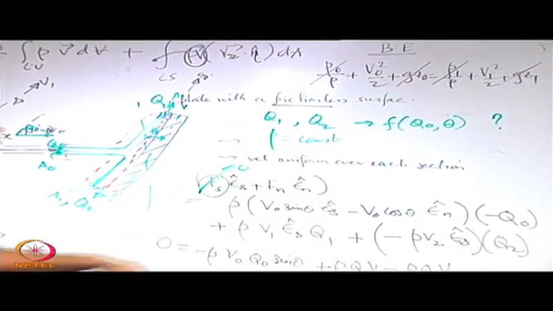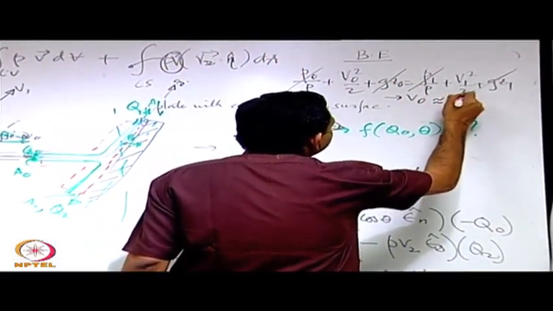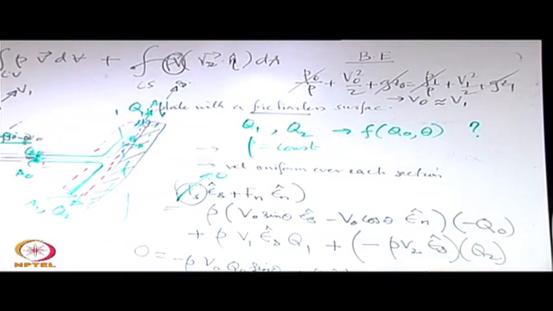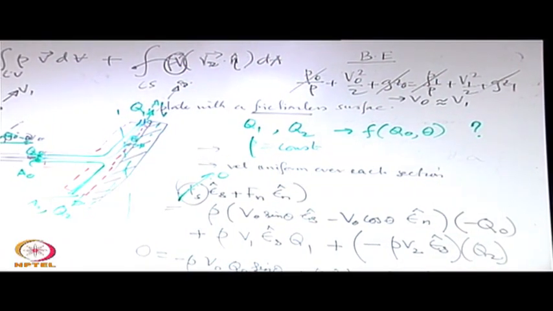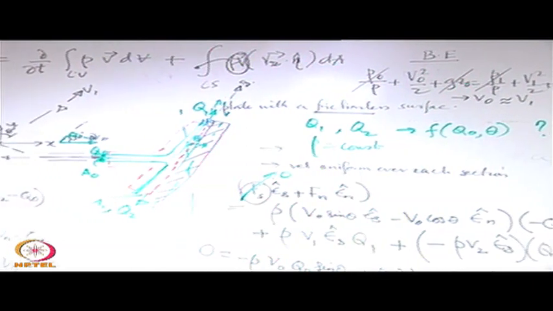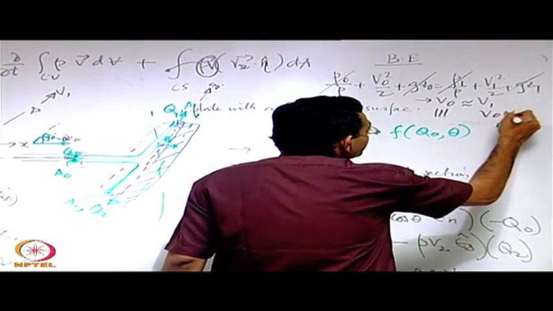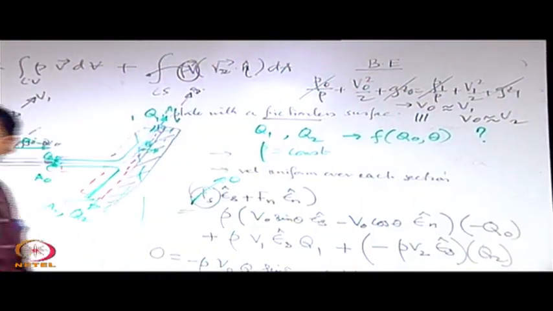So from this we can conclude that at least in an approximate sense V0 is same as V1, and with a similar consideration you can say V0 is approximately same as V2.